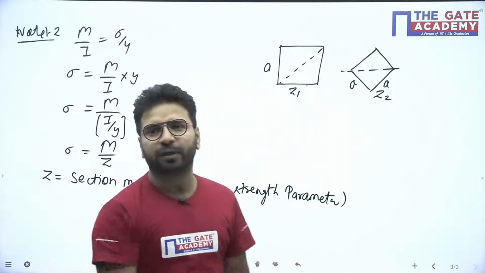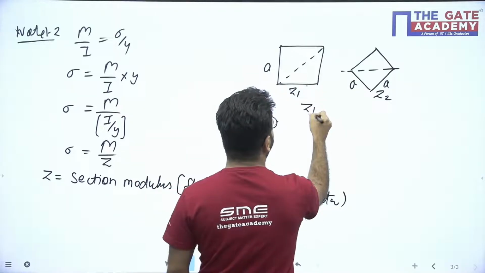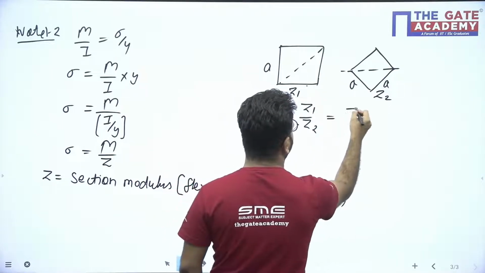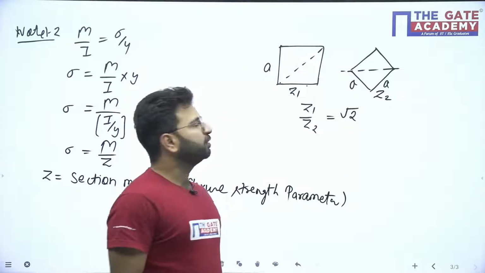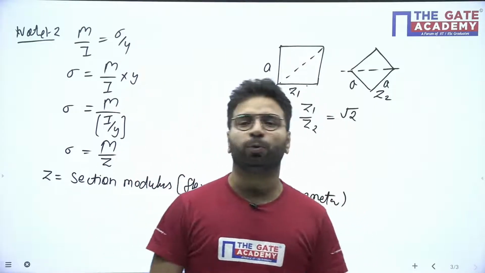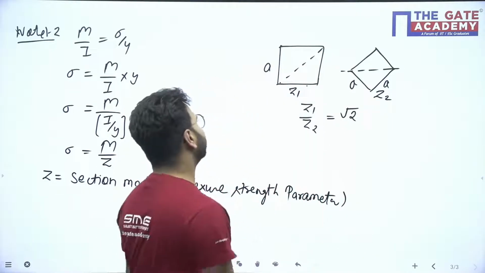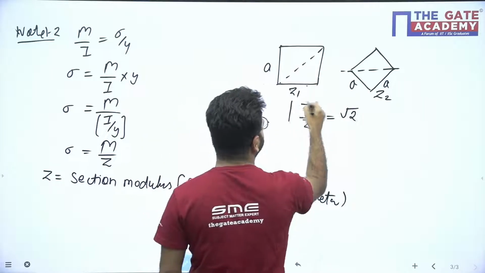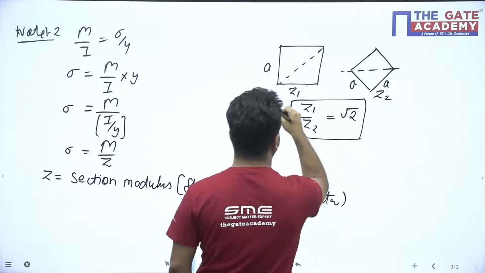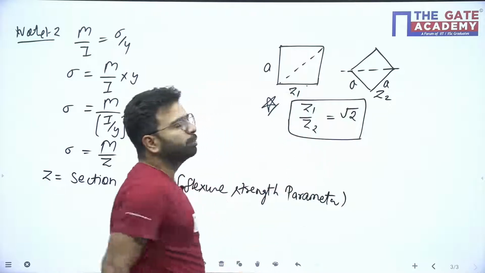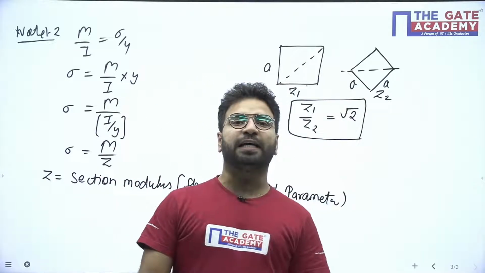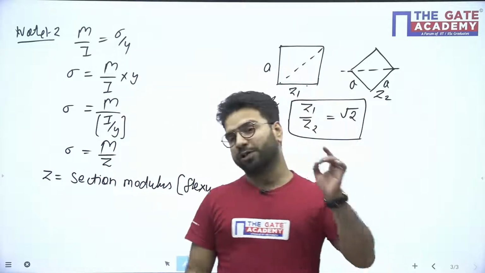If you do the calculation, you will get Z1 upon Z2 is equal to root 2, beta. So you can see the square section is stronger. This question may come in the exam: what is the ratio of their section modulus? Z1 upon Z2 is equal to root 2. This is a very good question.